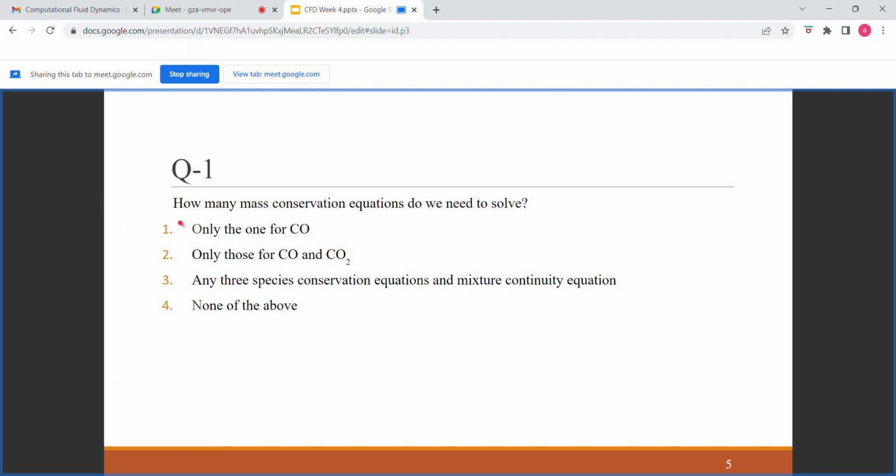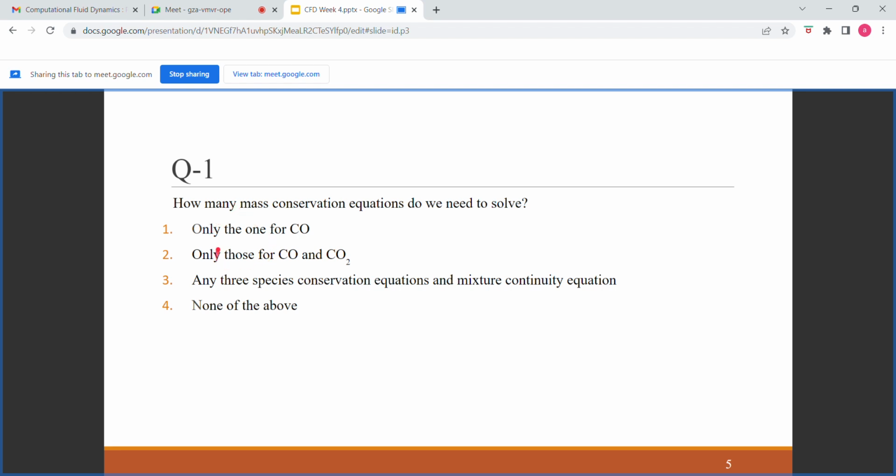If it is only one for CO, carbon monoxide, it doesn't work, because with only one species conservation equation for one of the reactants, it is not going to give the solution.